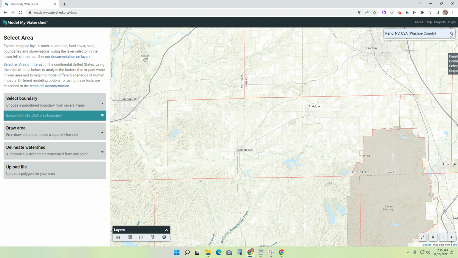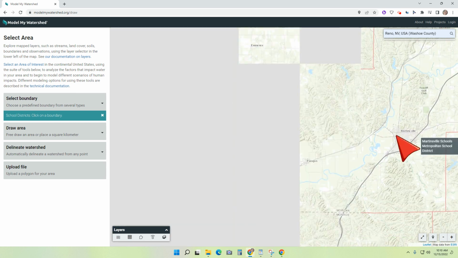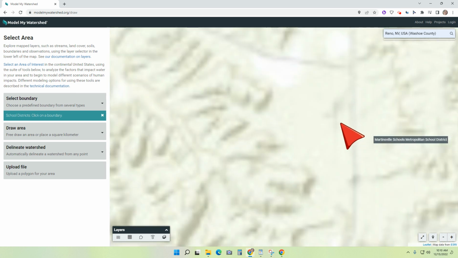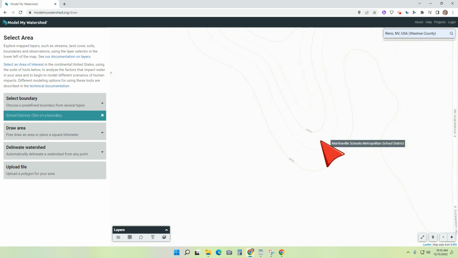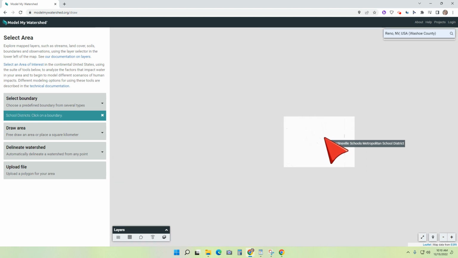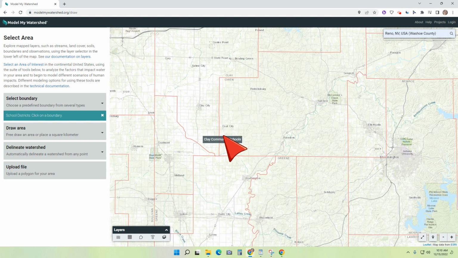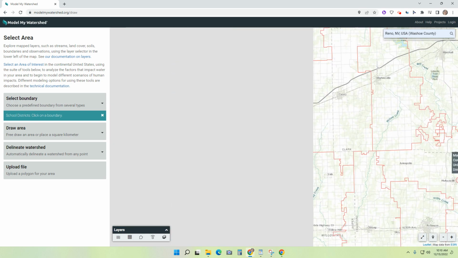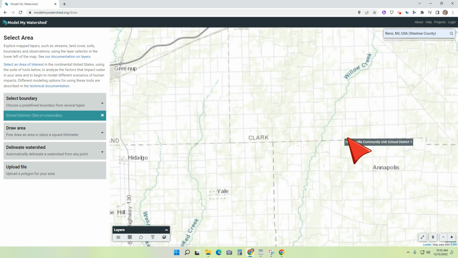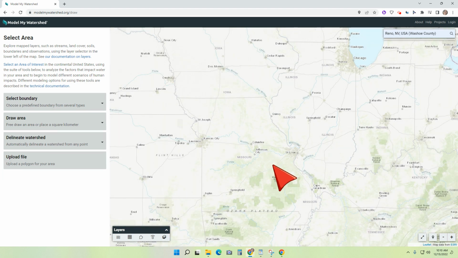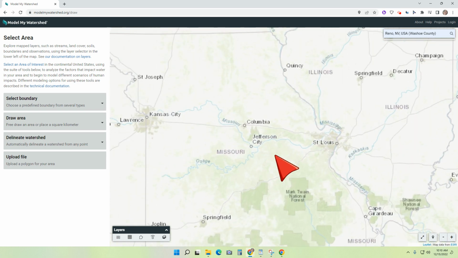I'm just not wanting to search for it now. If we zoom out a little bit, I'll just go a little bit further away. Let's pick someplace in Missouri.